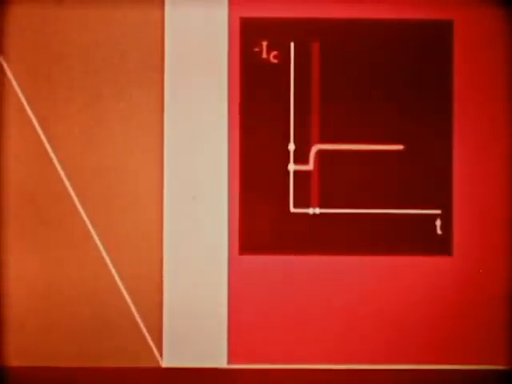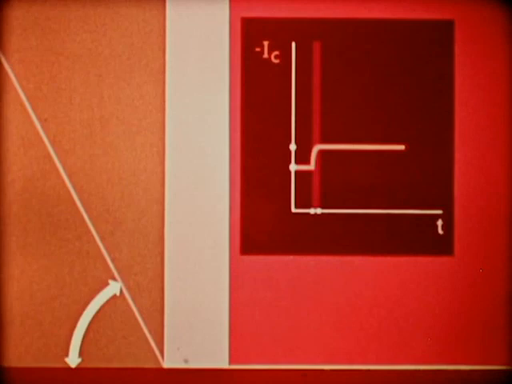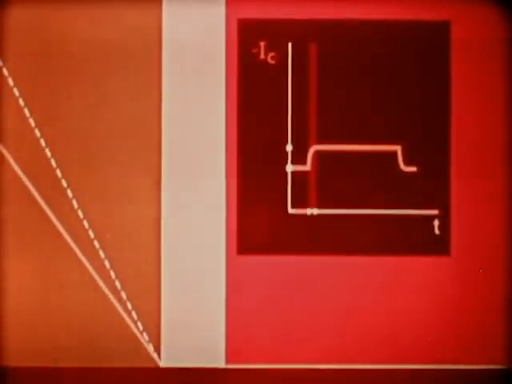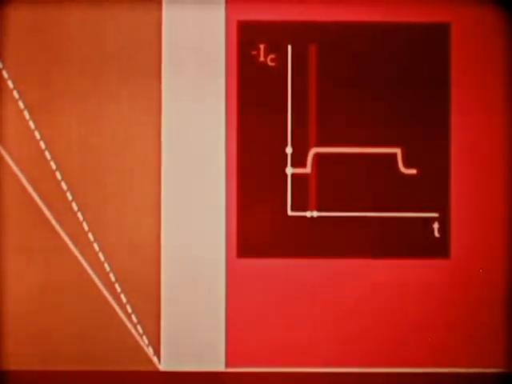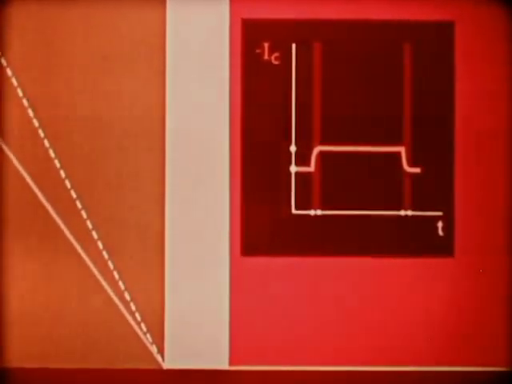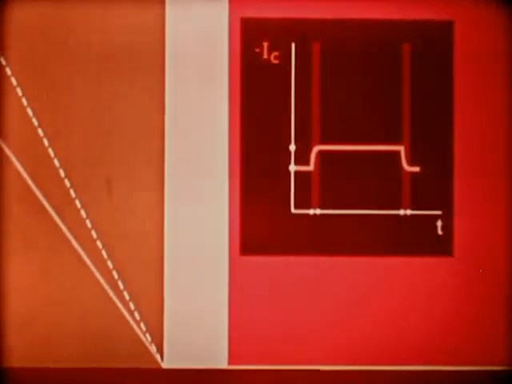Thus, the changes in the angle of the concentration curve near the collector-base junction are directly related to the variations of the collector current. The time taken for this current to fall to its original value is called the fall time, TF.